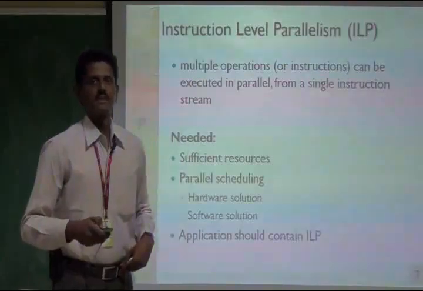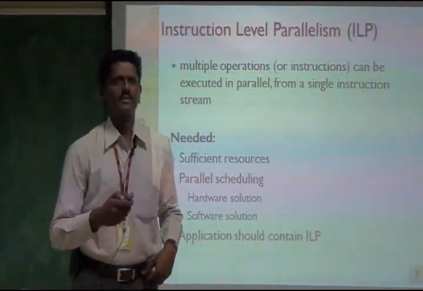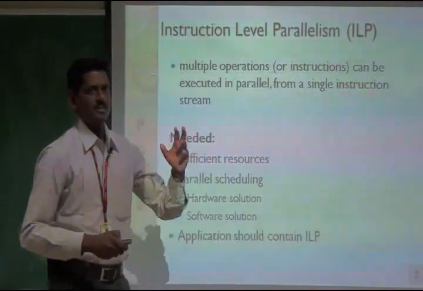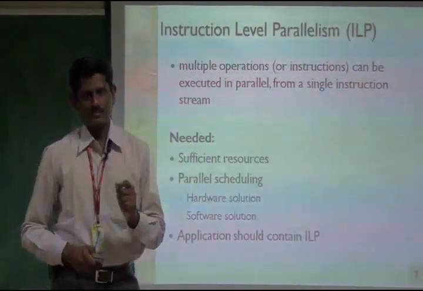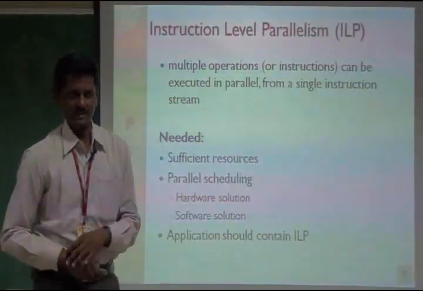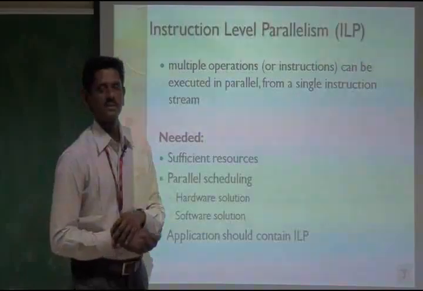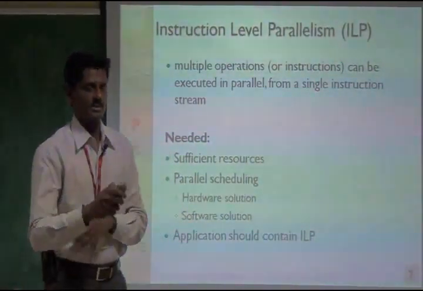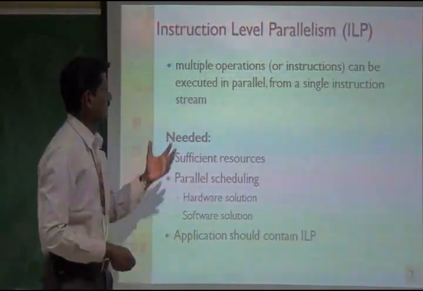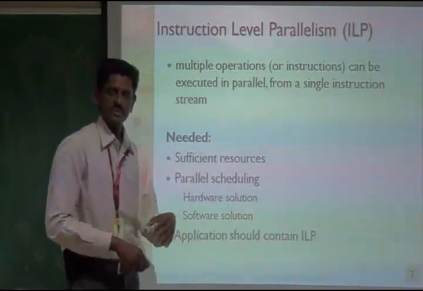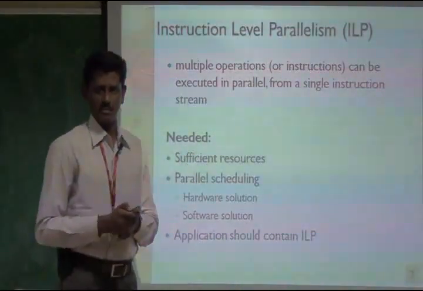ILP, instruction level parallelism. Here we are going to apply our parallel processing concept. ILP is nothing but the execution of more instructions simultaneously. That is ILP, instruction level parallelism, simultaneous execution of instructions. For implementing ILP, it requires additional resources, because we are going to apply parallel processing.